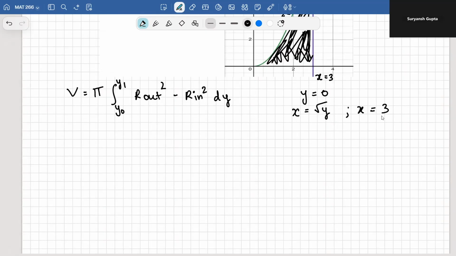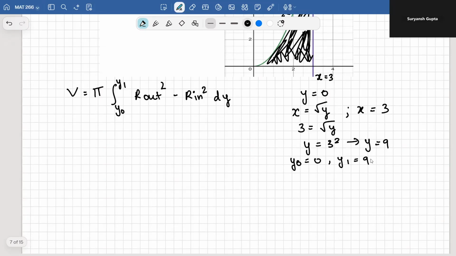So now I just use these two equations and I get 3 is equal to root y, and so y is equal to 3 squared, which gives us y is equal to 9. So we have our y0 equal to 0 and y1 equal to 9. So we have our bounds.